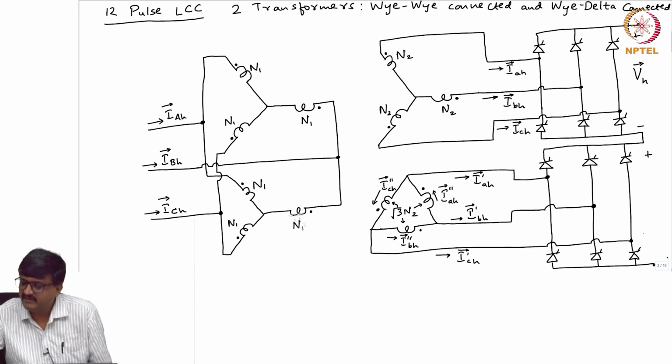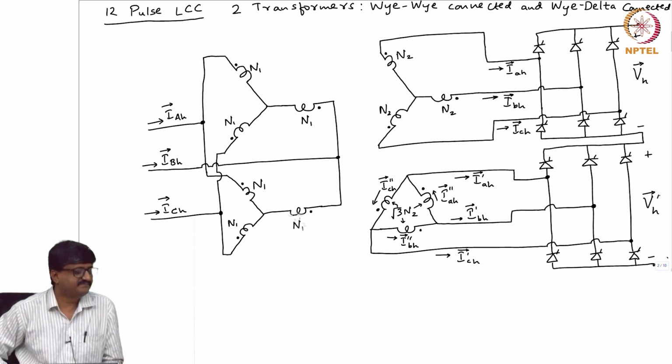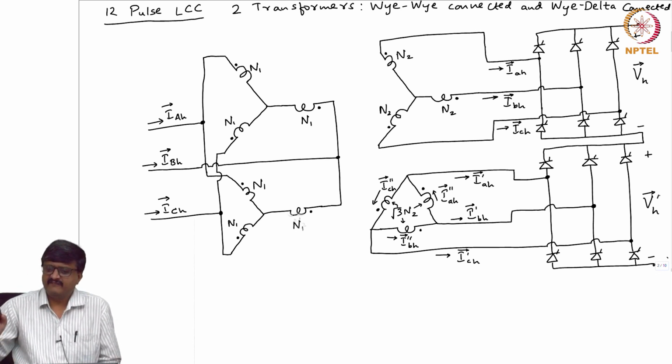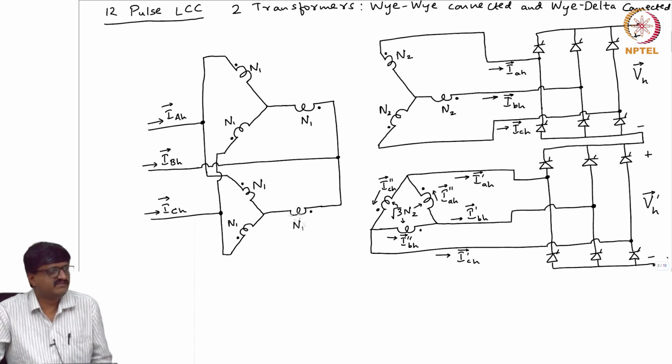So, similarly, I take this 6 pulse LCC, I call the harmonic component as VH prime. Okay. So, the definition of H is different for DC side and AC side, please note that. Is this clear? The definition of H is different for AC side and DC side, that is what is written here.